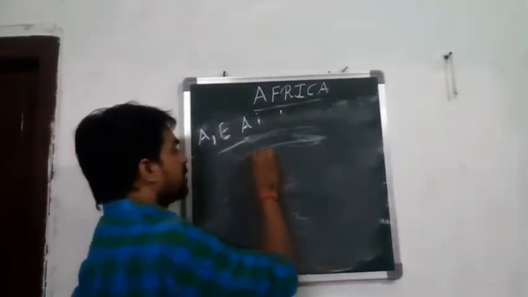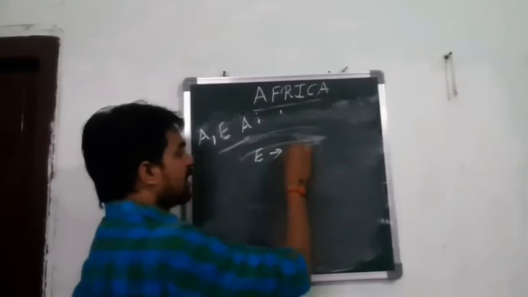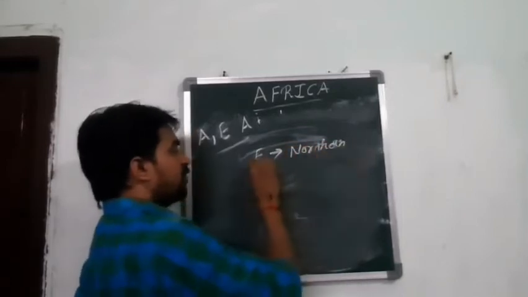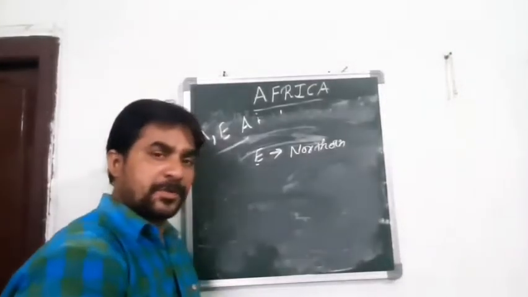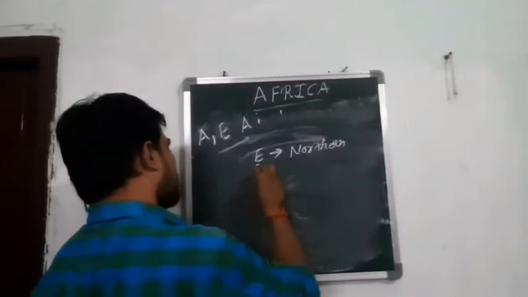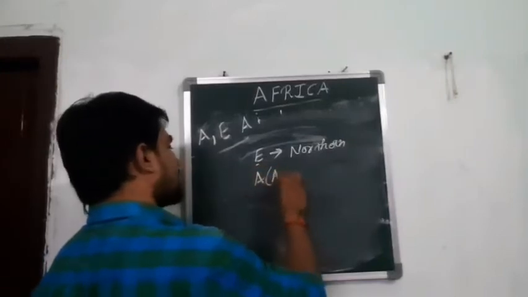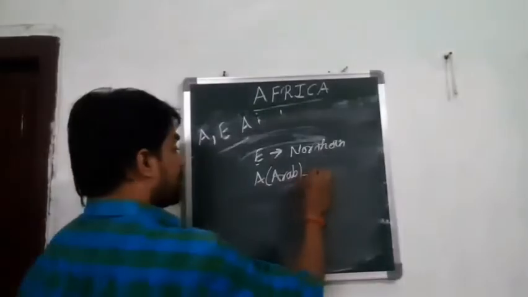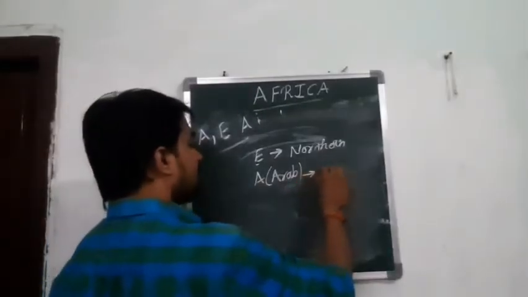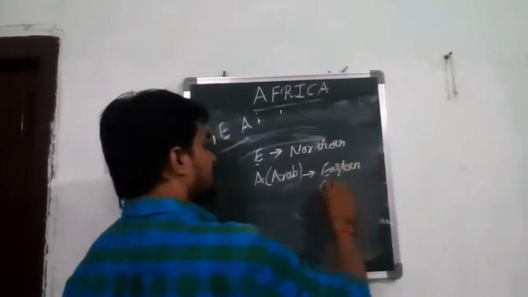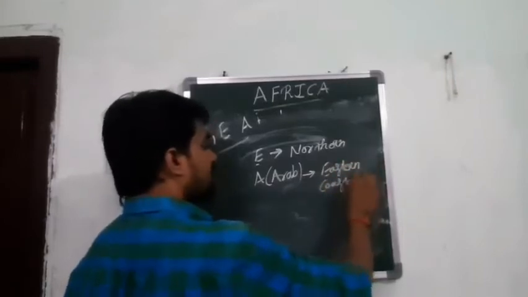So the European people knew only the northern side of Africa. Then the Asian, that is the Arab people, those who were doing business, knew only the eastern side of Africa, that is the eastern coastal part of Africa.